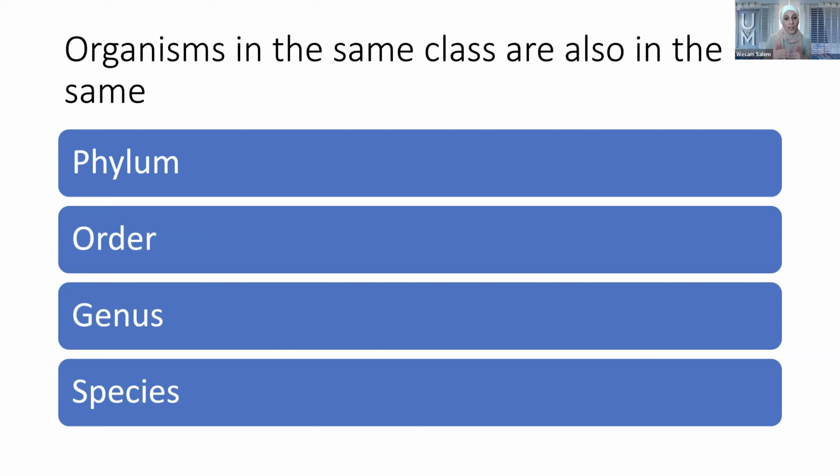And the order is kingdom, phylum, class, order, family, genus, and species. So the correct answer will be based on this phylum, which is the first choice. Okay, but yeah, this is a type of question that would come in the exam, but requires your knowledge of the content.